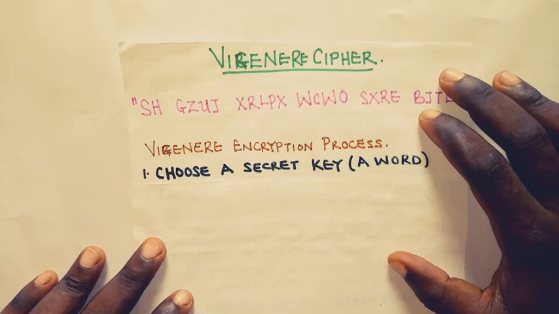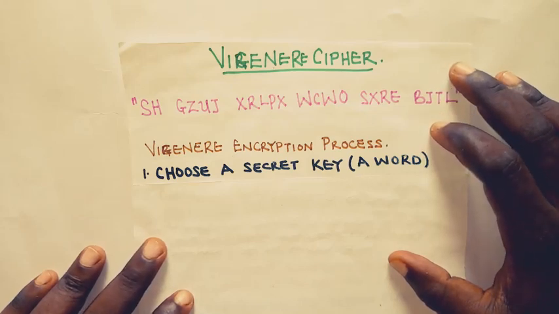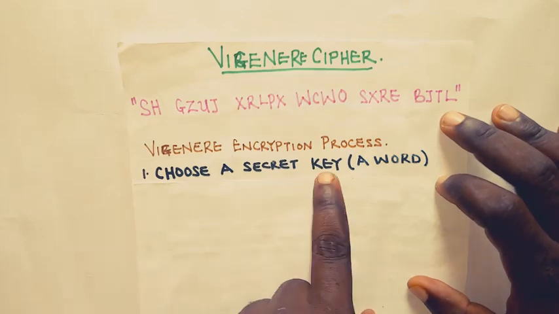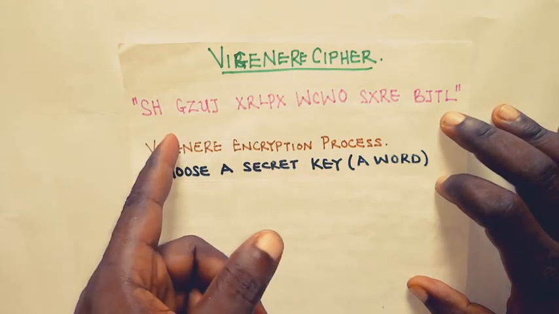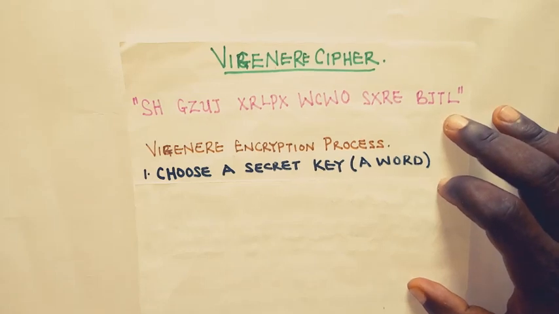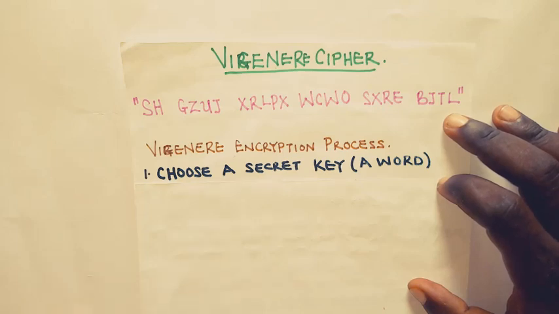The key is usually kept secret, and the strength of the encryption process, or let me say the crypto system, depends on the strength of the key and of course the strength of the algorithm. So we need to choose a secret key as one of the first things we need to do.